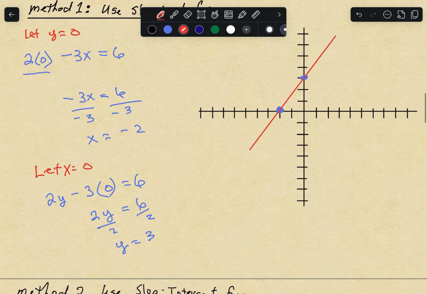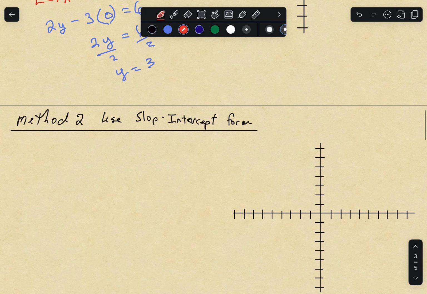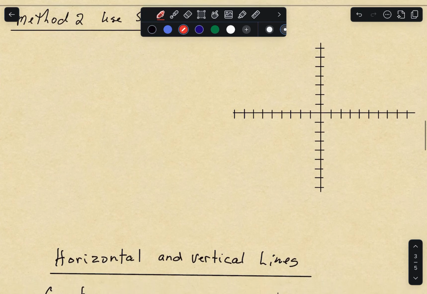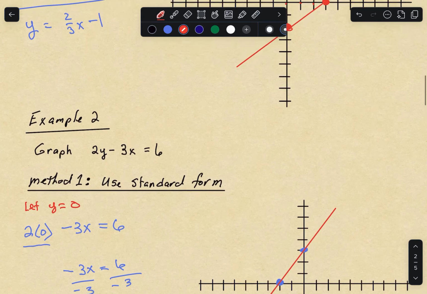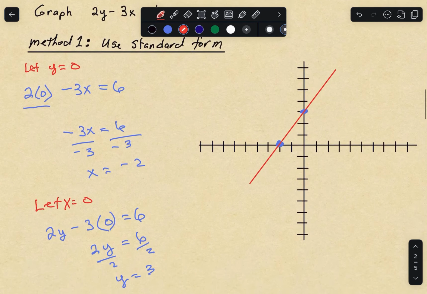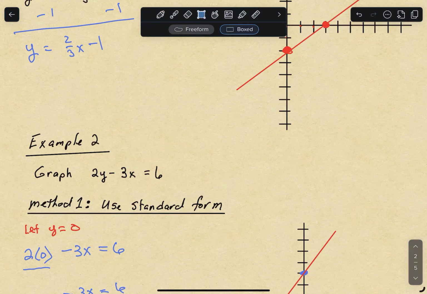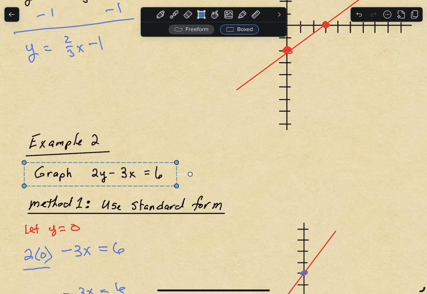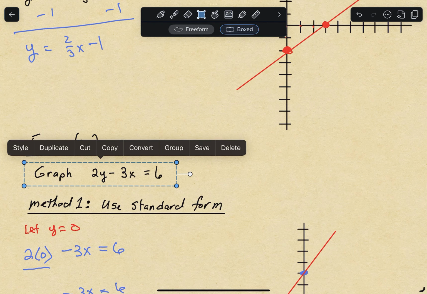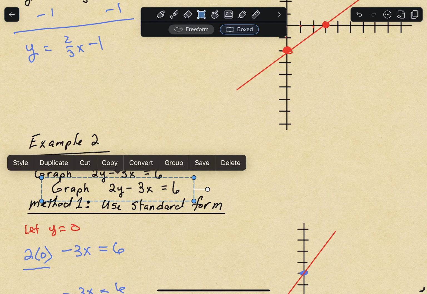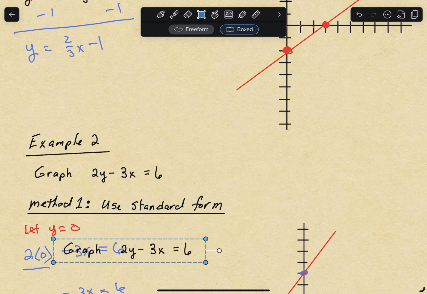So, let's see. Now we go. Method 2, using slope-intercept form. Now, if you use standard form, let's move this problem down here real quick, and we'll duplicate it and move it on down here.